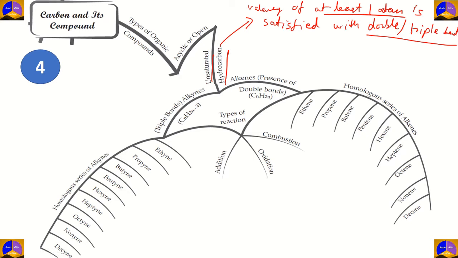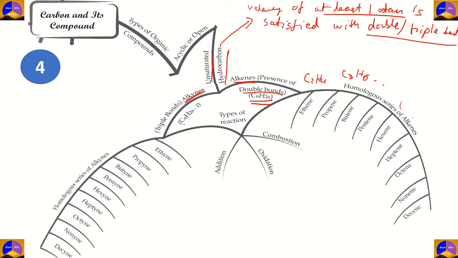Now, since you can use double bond or triple bond, you will have two types of unsaturated hydrocarbons. Alkenes have double bonds present in them, and their general formula is CnH2n. So for ethene, it will be C2H4. For propene, it's C3H6, and so on. And then when you're using a triple bond, you form alkynes.